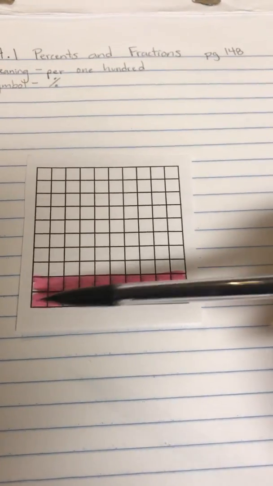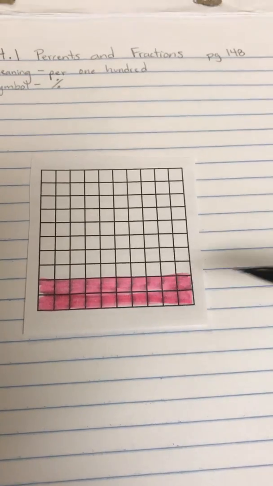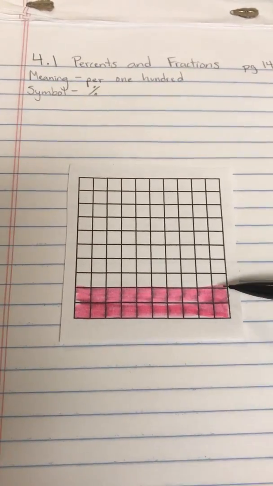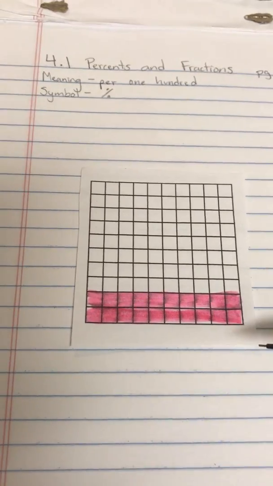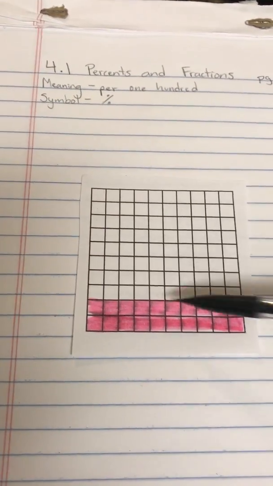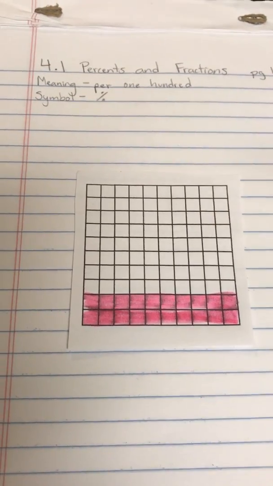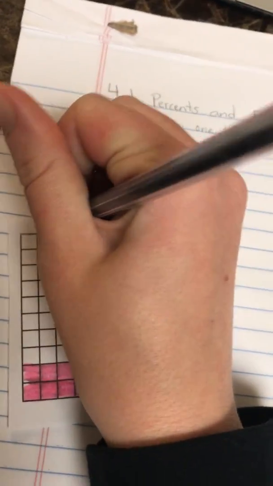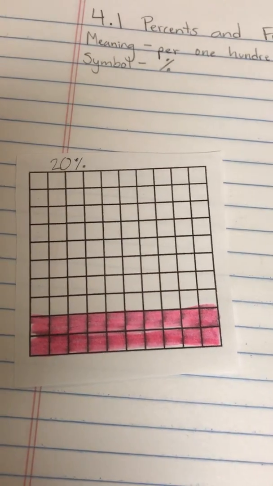Well, we need to figure out how many squares I colored. If we know 2 rows are colored and there's 10 squares in every row, 10 plus 10, that means there's 20 squares colored. So that means there's 20 squares out of my 100 that are colored. So 20 out of 100, that means I have 20% right here, okay? This is 20% that are colored, okay?